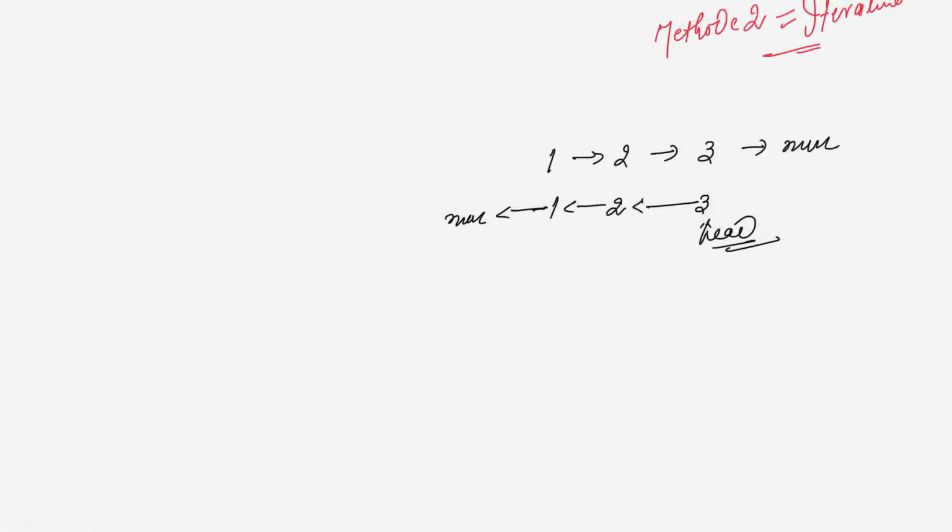Suppose 1, 2, 3, null. We will take one previous pointer, which is null initially, and we will take a next pointer, which is null, and we will take a current pointer.